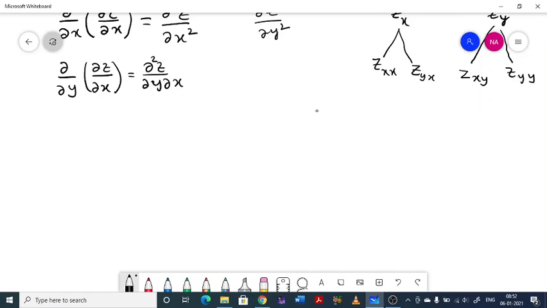Now, first question: is there any relationship between these two derivatives? Yes, there is a relationship. Whenever the function z equal to f of x comma y is continuous, in that case these two will be equal.